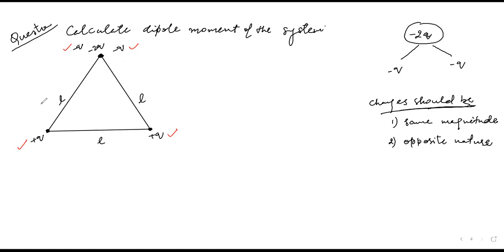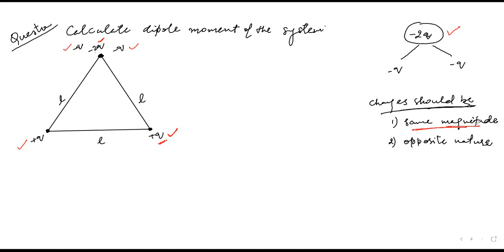Yes, sir. Suppose that if you are not dividing this minus 2q charge, then what will happen? In this case, this 2q charge, if you want to assemble with this plus q charge, then the magnitude will be different. Because this is 2q and this one is 1q, causing which the condition of dipole is not satisfied.